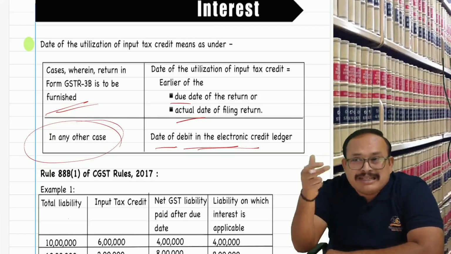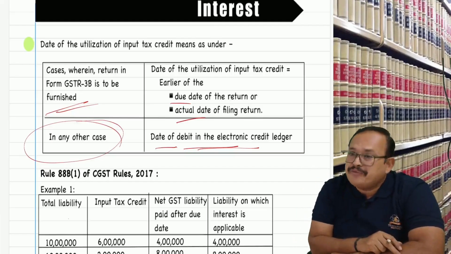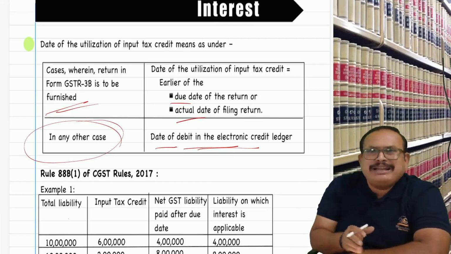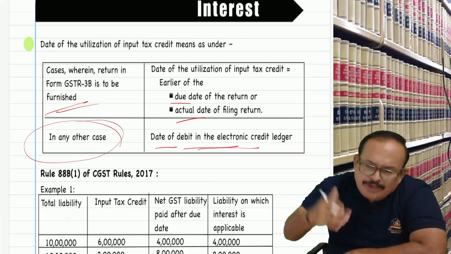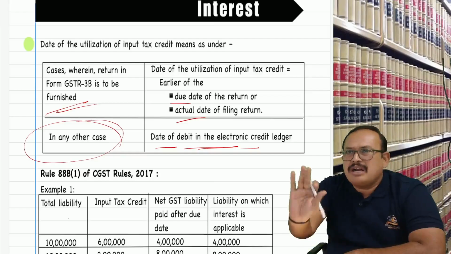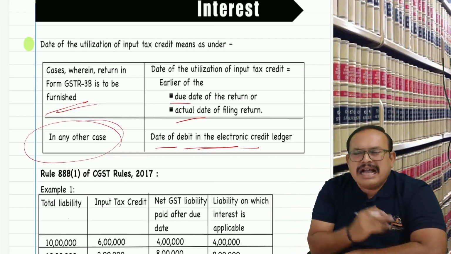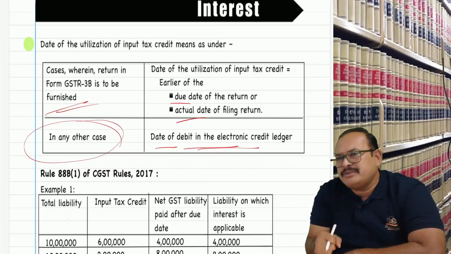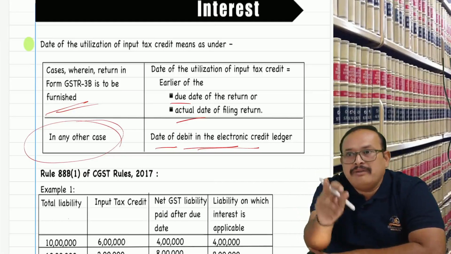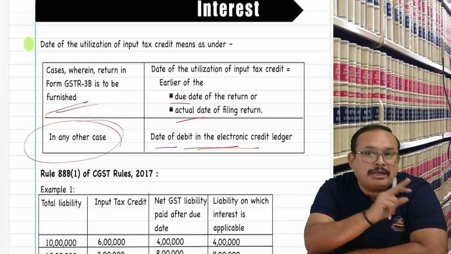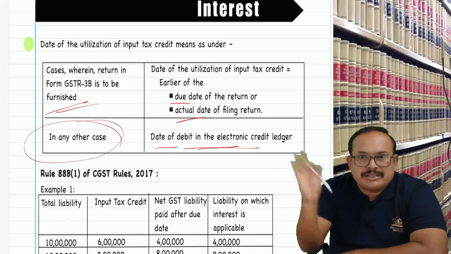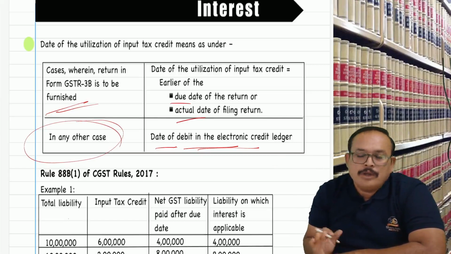When I pay the tax, the 15 lakhs liability, I paid fully from the electronic cash ledger. I have not touched the ITC which is wrongly availed. Am I liable to pay interest? Wrongly availed, but not utilized. No interest. Is it clear? Okay.